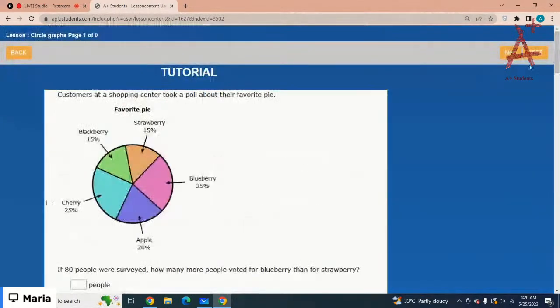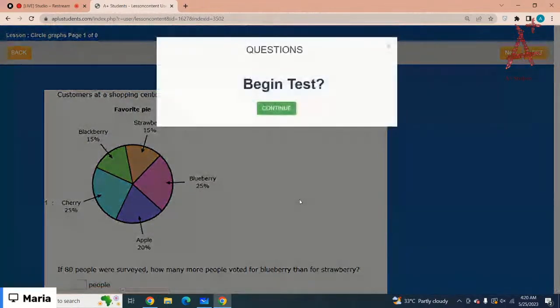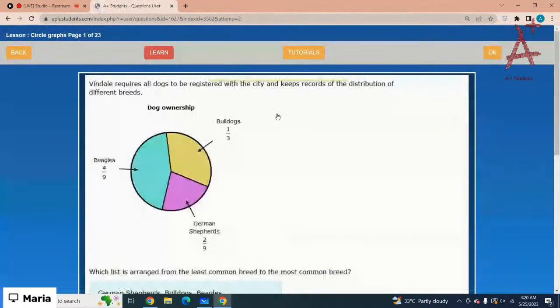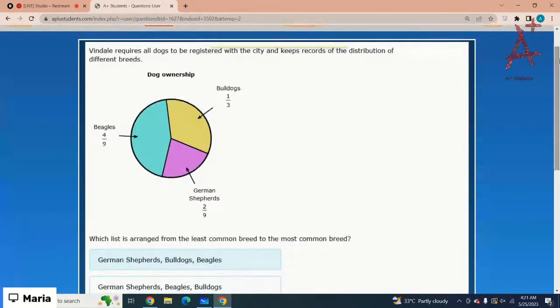Okay, let's just start with the practice questions. Windle requires all dogs to be registered with the city and keep records of the distribution of different breeds. Which list is arranged from least common breed to the most common breed?